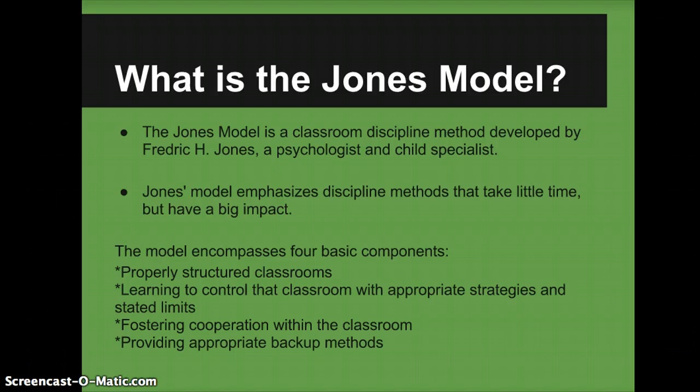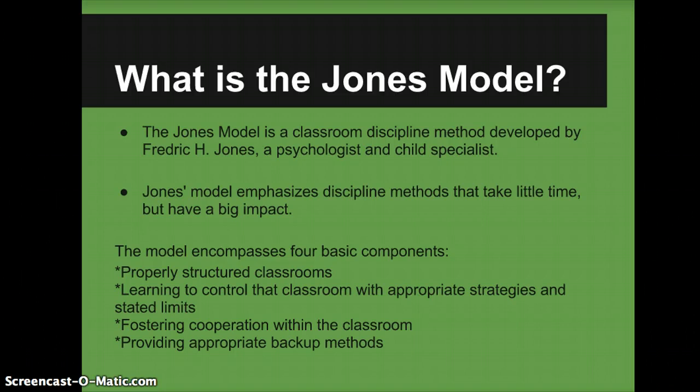The second one is learning to control that classroom with appropriate strategies and stated limits. A great deal of the Jones model says that rules need to be stated. You can't just say, oh, you'll be punished if you break a rule. It has to be very direct, like what punishments fit this transgression and so on.